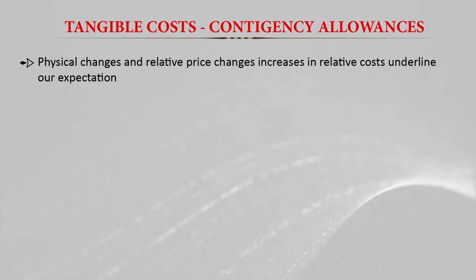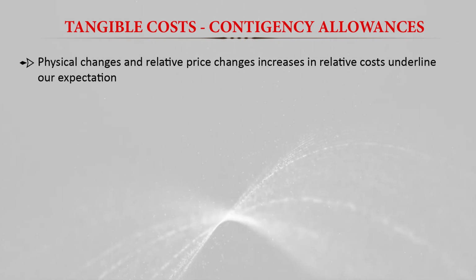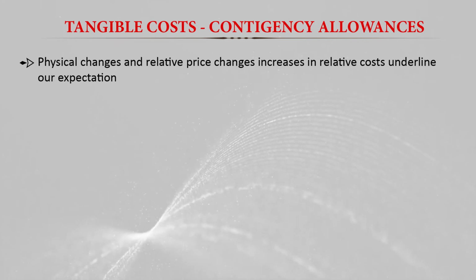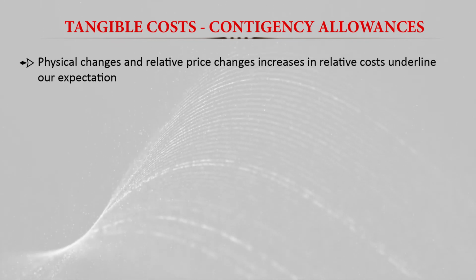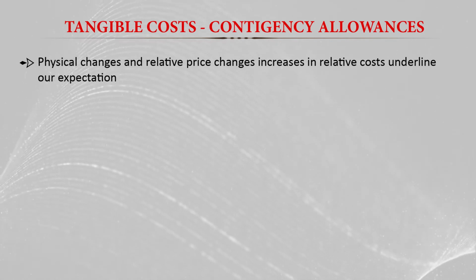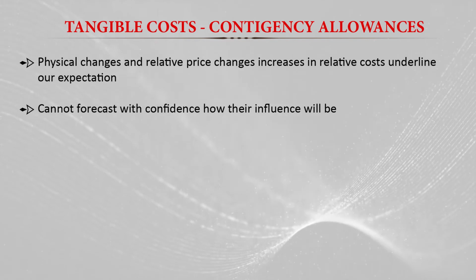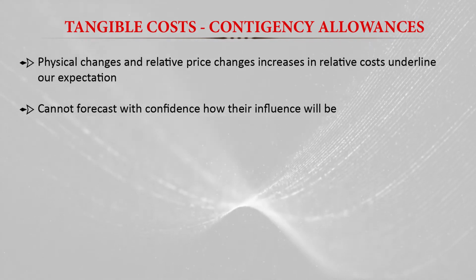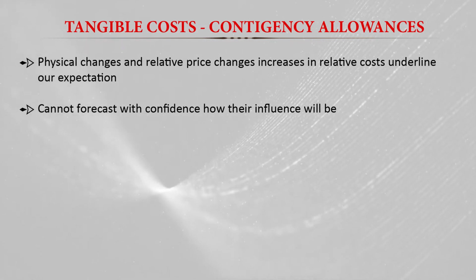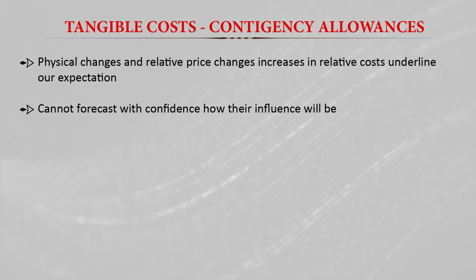So when there is this increase in the cost, the relative cost change actually reduces our project benefits. It reduces our project objective, it reduces our expectations. Sometimes we cannot easily forecast with confidence how much influence physical change or change in relative prices will have in the future.